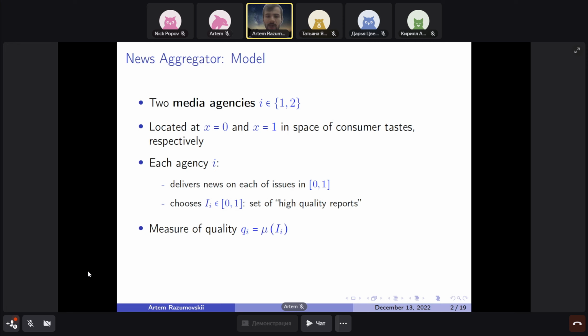We need to measure the quality, because the choice of high quality topics is a choice for each topic to produce good news or not so good news. Then we need to measure how the consumers value these high quality reports in a newspaper.